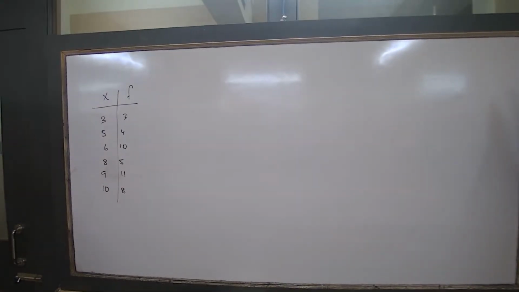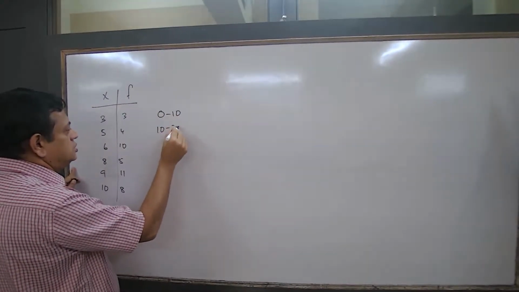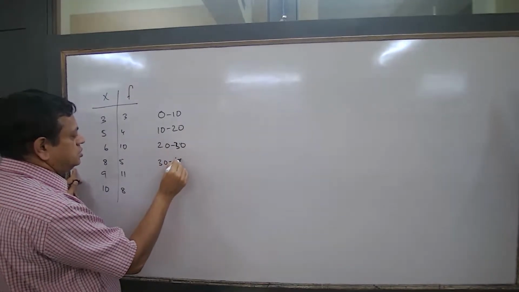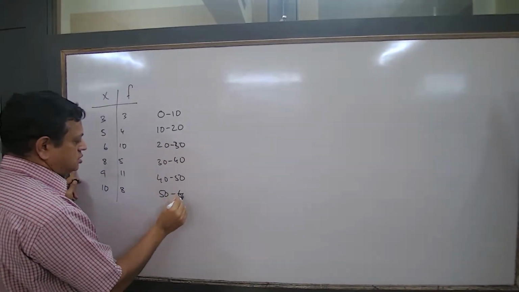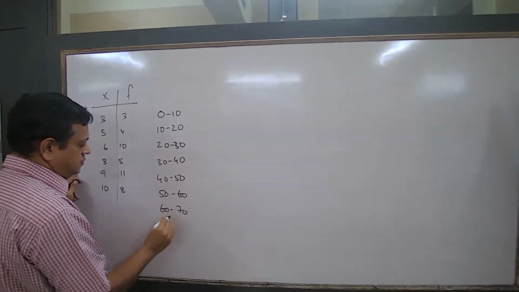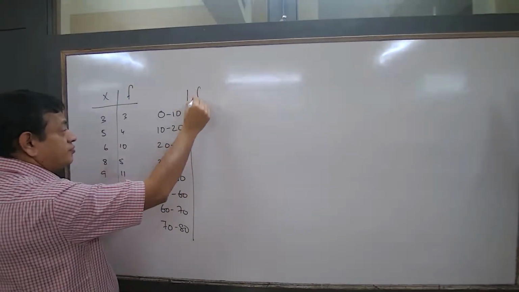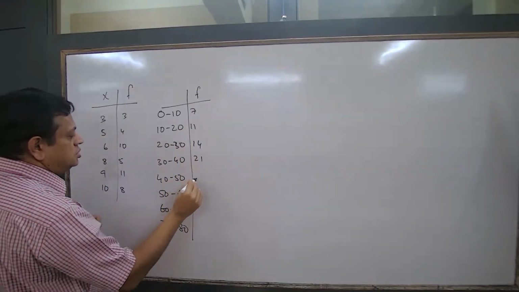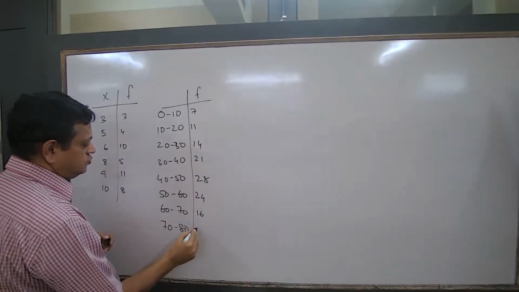Then we group them into class intervals: 0 to 10, 10 to 20, 20 to 30, 30 to 40, 40 to 50, 50 to 60, 60 to 70, and 70 to 80. Then we write f, the frequency: 7, 11, 14, 21, 28, 24, 16, 4.